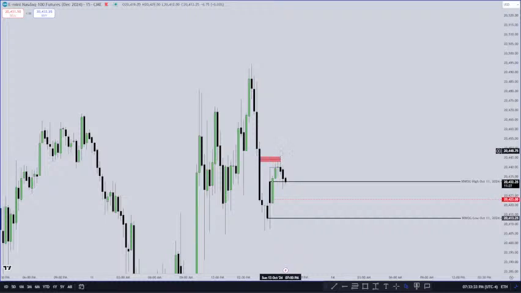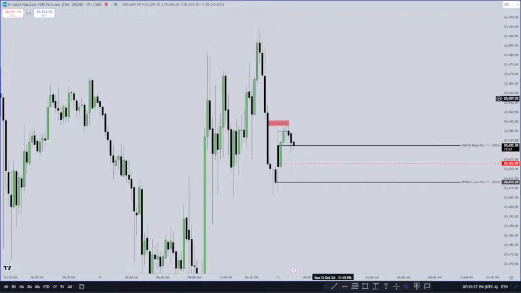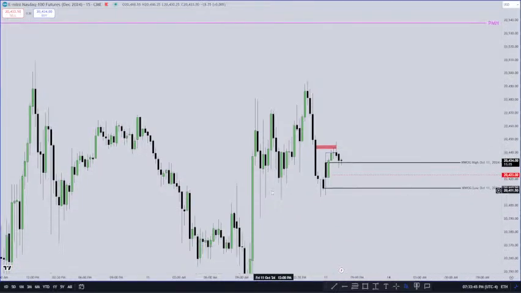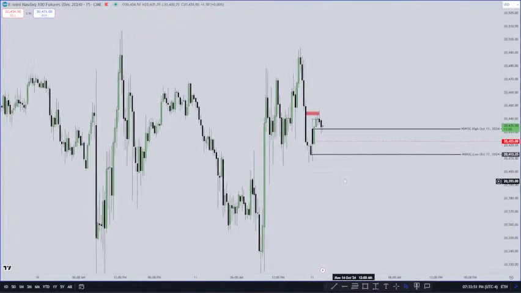And if we go back above this high, can it make it higher than this? And then likewise, if we're getting below here, can we clean these lows here? So very simple. This range is what sets the tone for Monday.